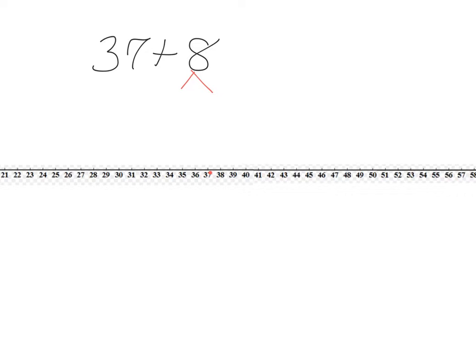We can break 8 up into 3 and 5. So when we add 37 plus 3, that would bring us to a tens number, which is 40.